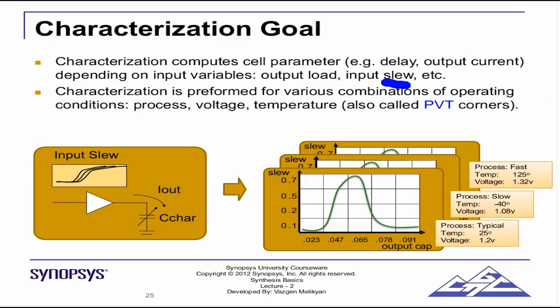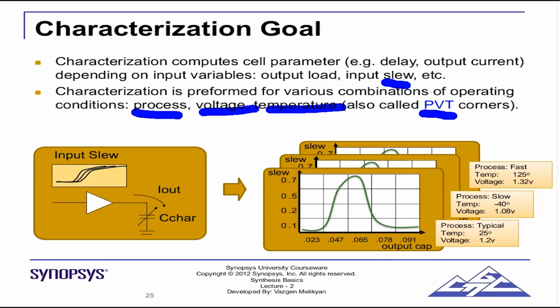Typically the characterization is performed for various combinations of operating conditions. So obviously you have one liberty file each for different operating conditions. We will first fix process, voltage, temperature, the PVT. Then we will vary two things. For example, we will vary input slew, input transition, and output load.